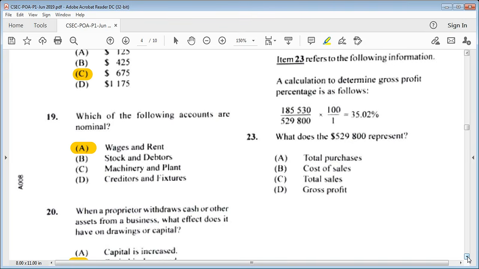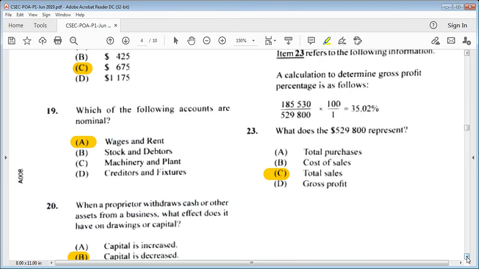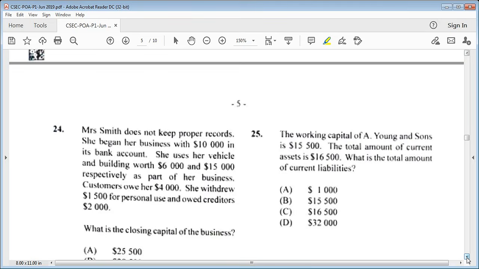What does the $529,800 represent? A, total purchases. B, cost of sales. C, total sales. D, gross profit. We know it is C. It represents total sales. Let's move on to 24.